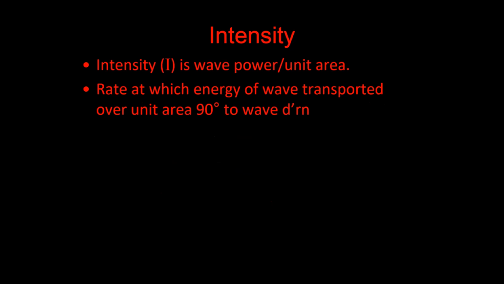As well as power, we also have intensity. Intensity is the wave's power per unit area, and that's the rate at which the energy is transported at 90 degrees to the wave direction. So really this is some measure of how much power we have, from the previous equation, over how much area it is spread out.